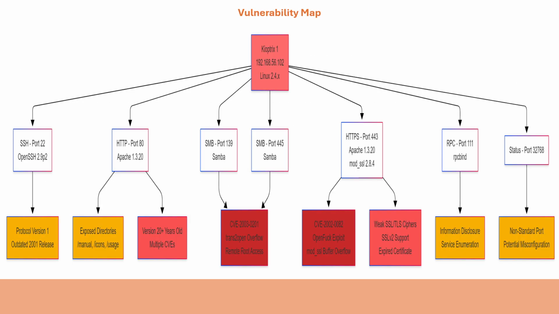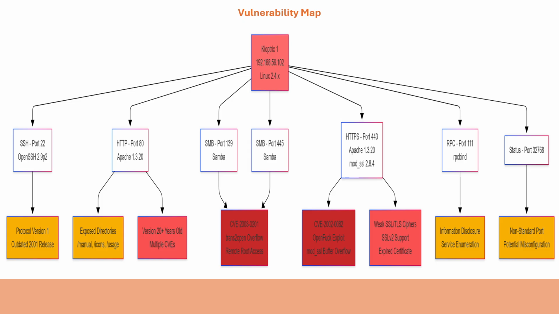So this vulnerability map shows the Chaotic 1 attack surface from my Nmap scan, including the IP address and the OS version, which has 7 open ports with major flaws. Red nodes mark critical issues, yellow indicate high-risk ones.